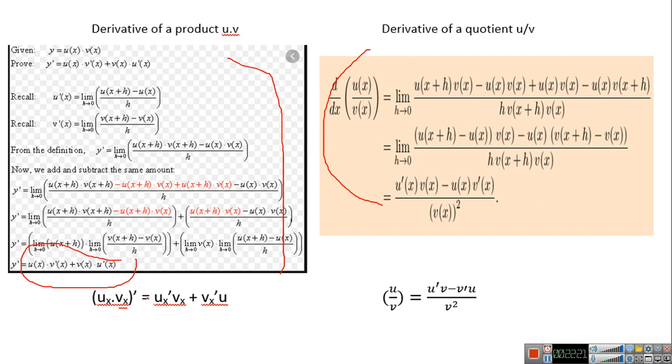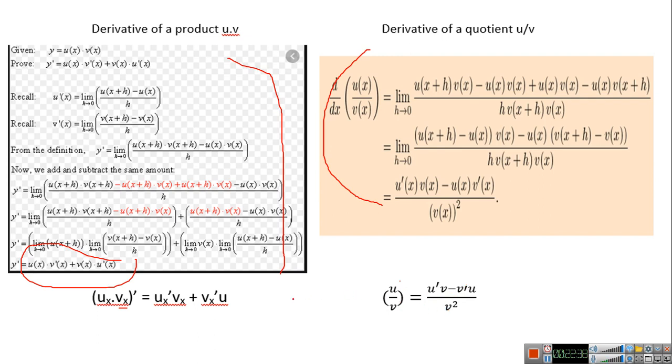So u times v is u prime v plus v prime u. If you have u over v, it's u prime: you take the derivative of the numerator times the denominator without derivative, minus the derivative of the denominator times the numerator without derivative, over the denominator squared.